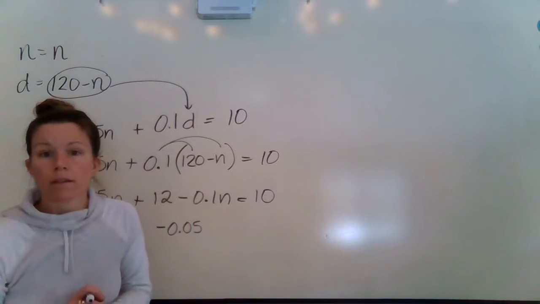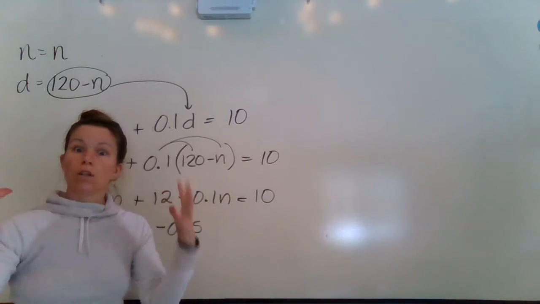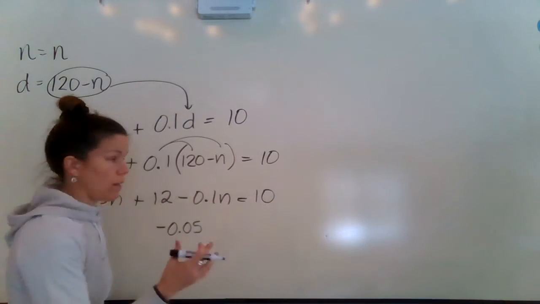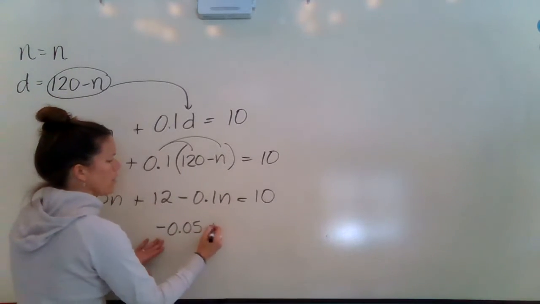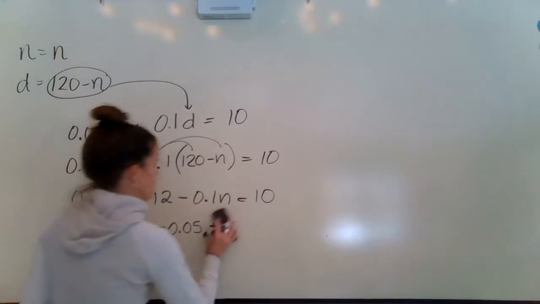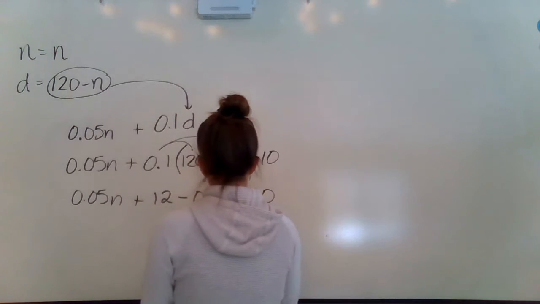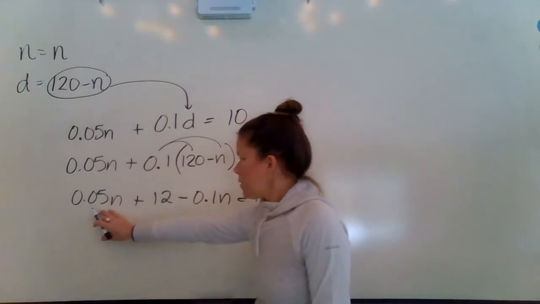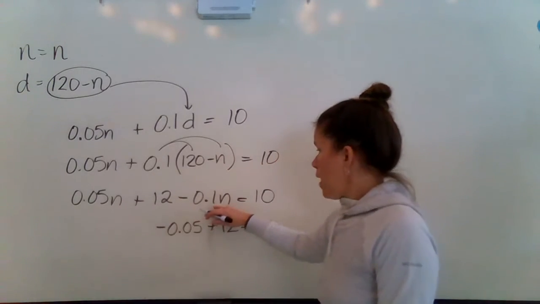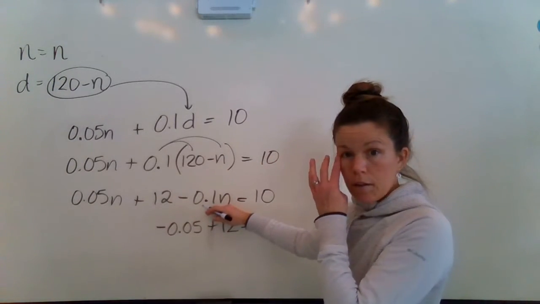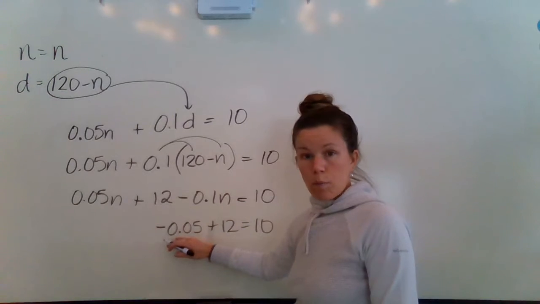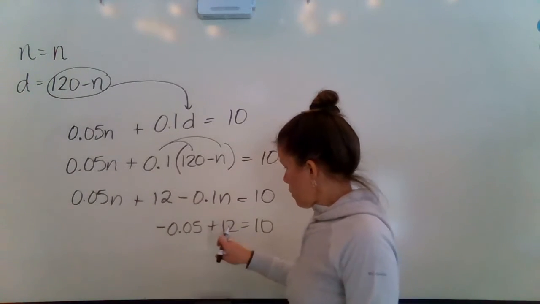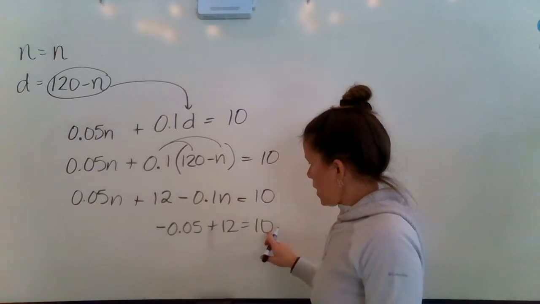Sorry, my mind goes blank sometimes on what I'm doing. Plus 12, equals 10. So positive 0.05 minus 1/10 equals negative 0.05 n, and I got that plus 12 right there equals 10.